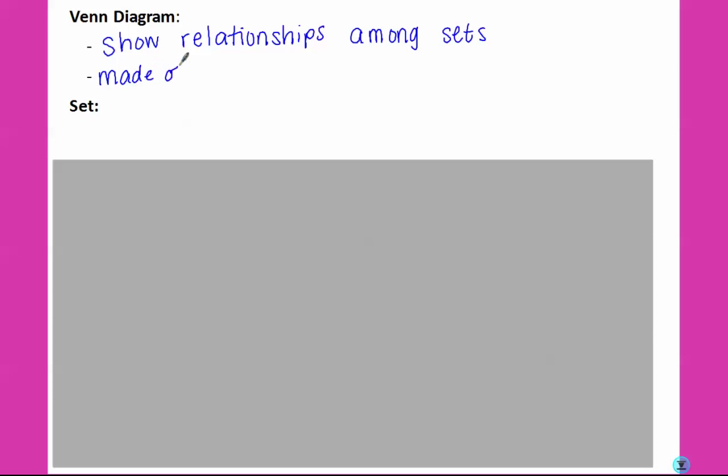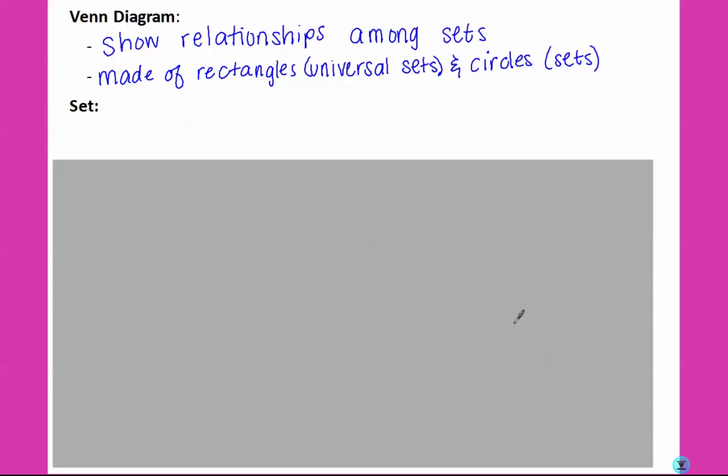They are made of rectangles, which represent universal or all-encompassing sets, and circles, which represent the smaller sets or subsets.